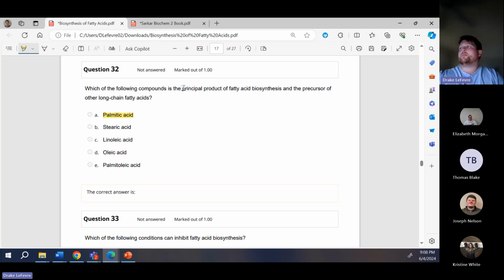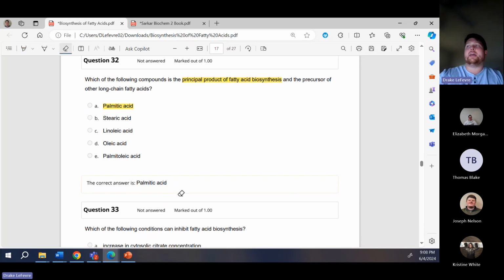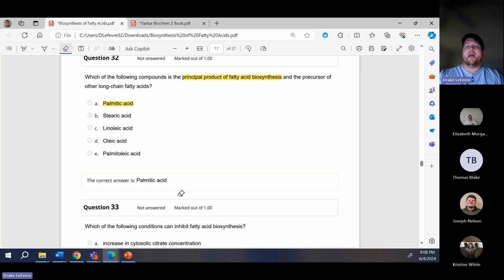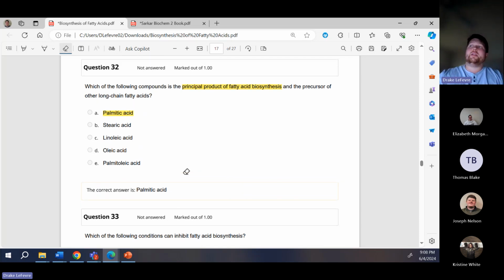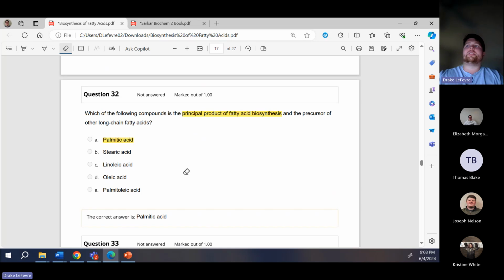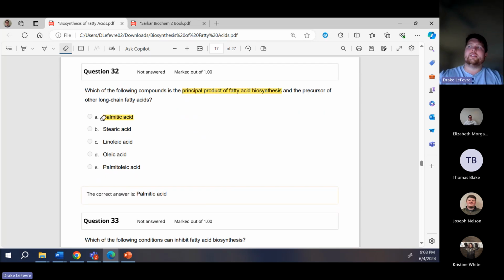We make palmitic acid, and then if we need to make other things, we add or take away to form whatever we need. If palmitic acid is in there, there's a good chance the answer is probably palmitic acid.